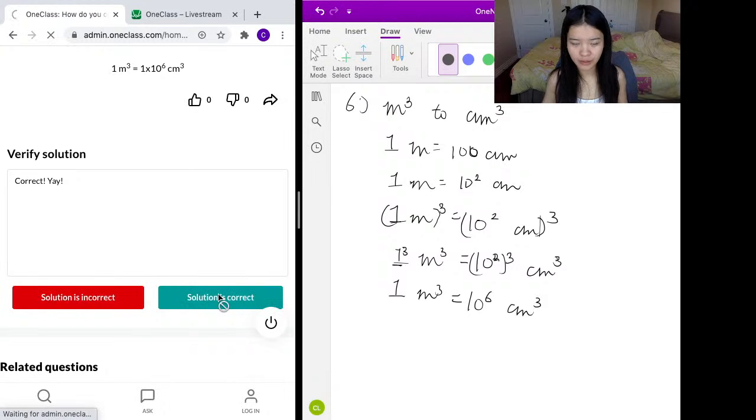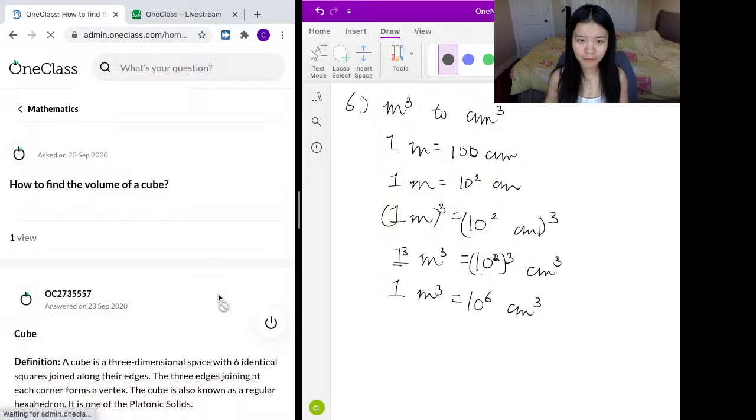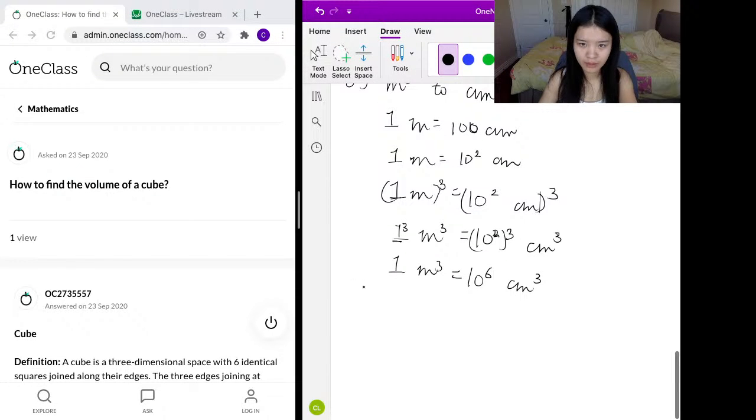Now we're moving on to our next problem. Our next problem is asking us, how do we find the volume of a cube? So problem number 7, asking us the volume of a cube.